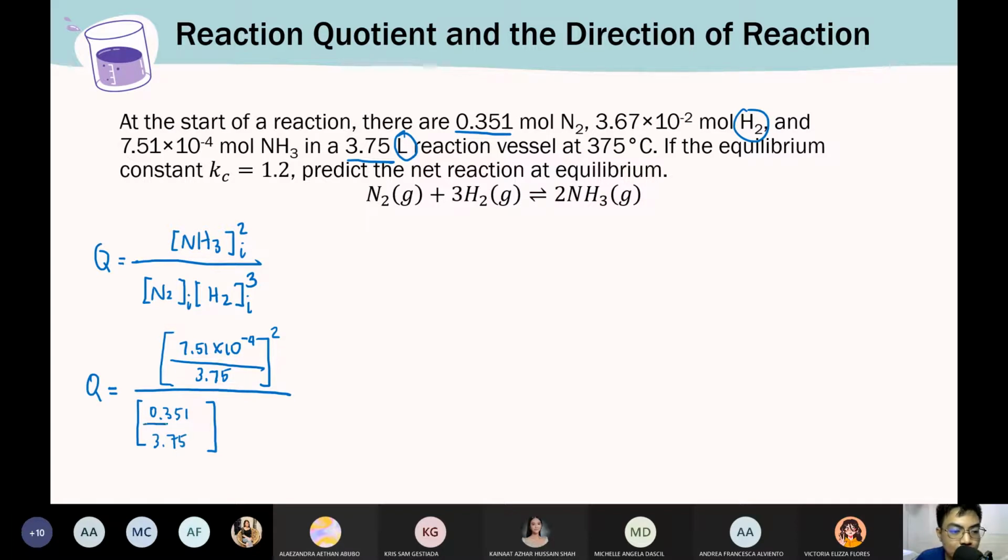And then lastly, you have your H2. This is 3.67 times 10 raised to negative 2. So 3.67 times 10 negative 2 moles divided by the volume, 3.75. And that must be cubed.